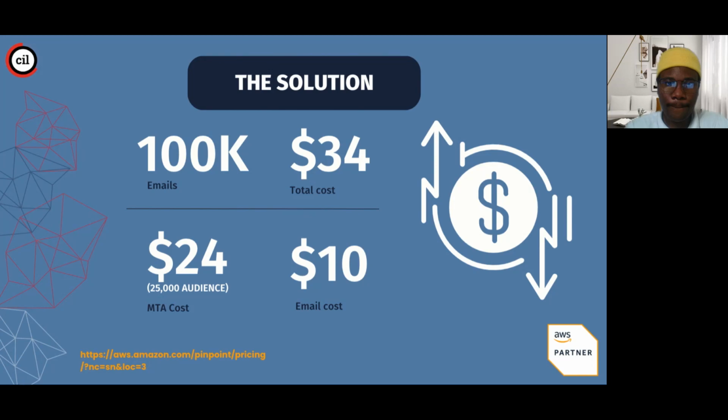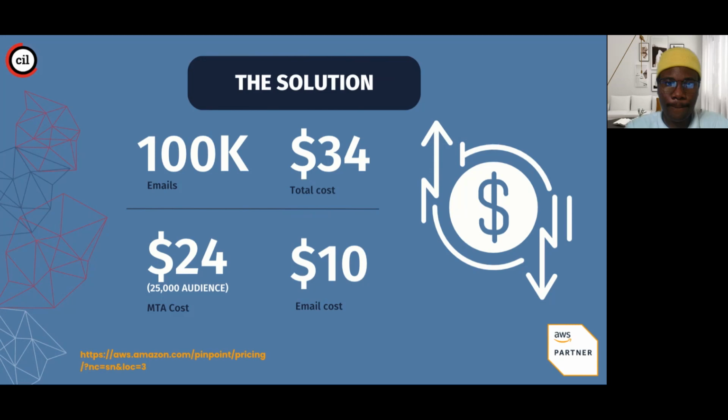For this MTA on Amazon Pinpoint, you pay for your MTA and you also pay for the email. So the charges are quite different. For MTA, you pay $0.0012 per MTA, and the first 5,000 MTA that you have is going to be free. So it means that we are just calculating for 20,000 now.